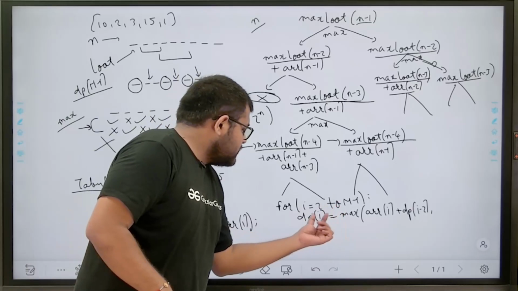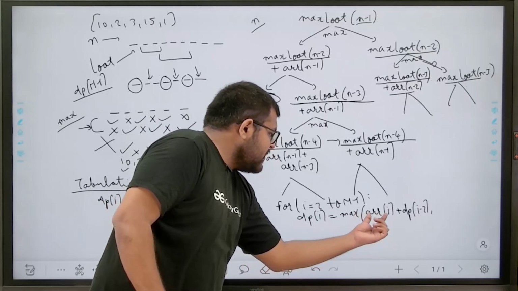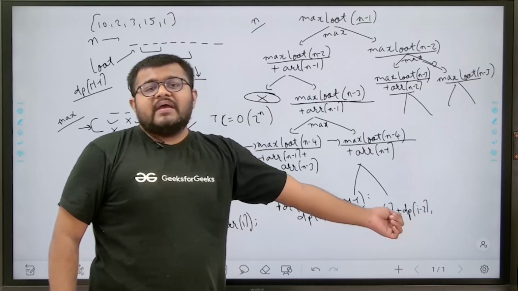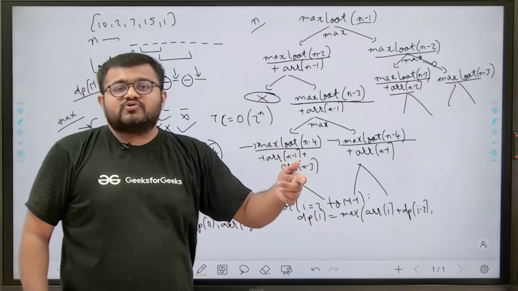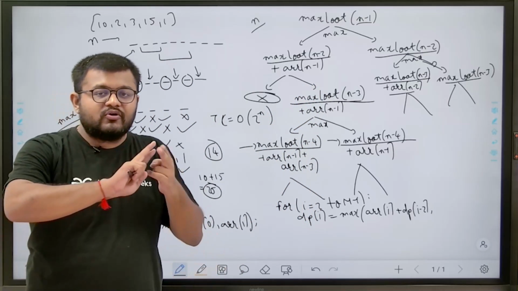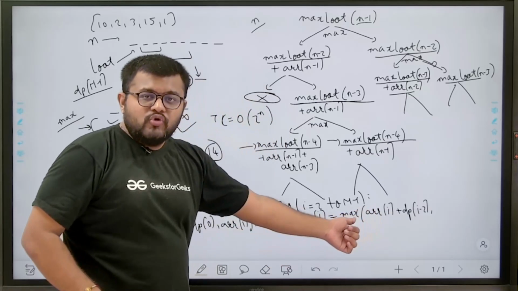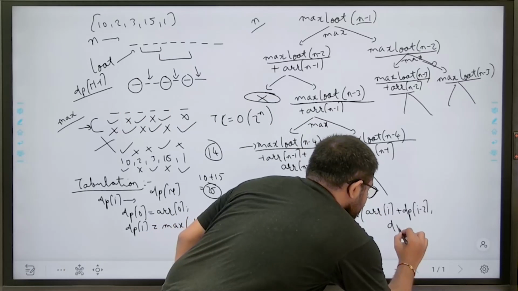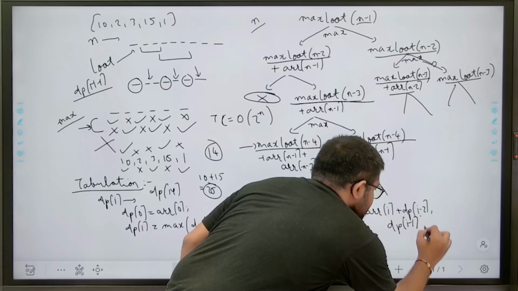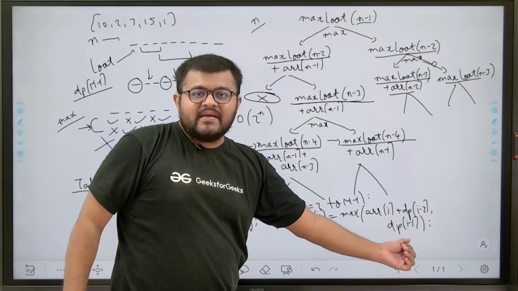So if I consider looting the ith house, then it would be array of I plus dp of I minus 2. dp of I minus 2 is the maximum loot possible from index 0 to index I minus 2. So we are not considering consecutive houses. And if I do not consider looting the ith house, it would be dp of I minus 1. That is the maximum loot possible from index 0 to index I minus 1.